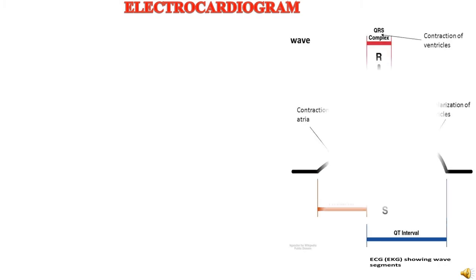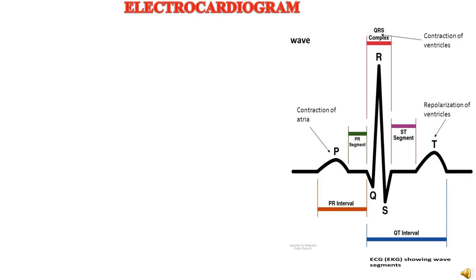Now if we analyze the electrocardiogram, we can see here a beautiful picture of the normal ECG of a human being. Here we can see different parts, that is the P wave, a QRS peak and a T peak.